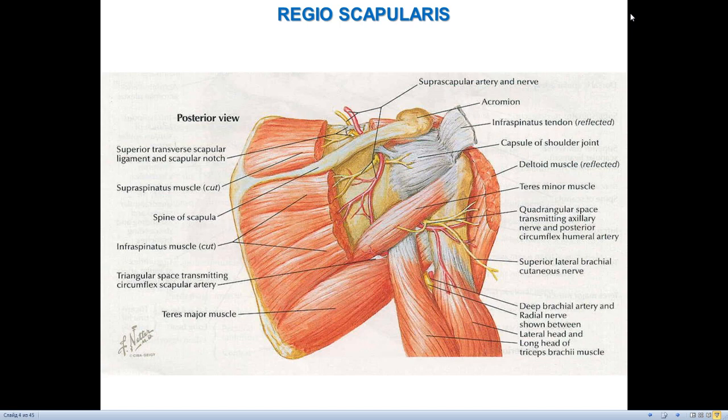All are covered by the deep fascia, which has the form of an aponeurosis.